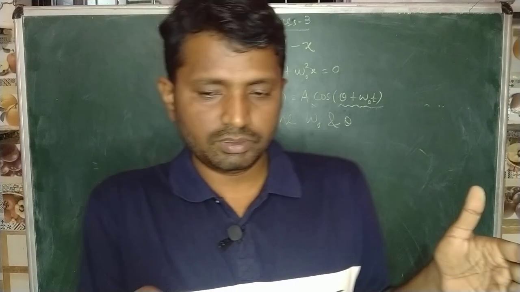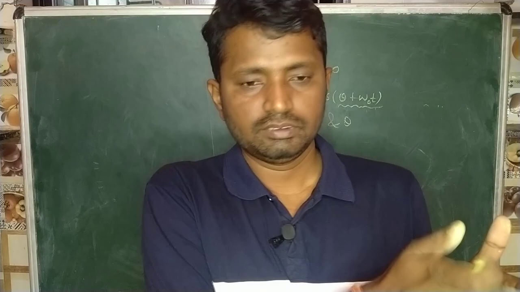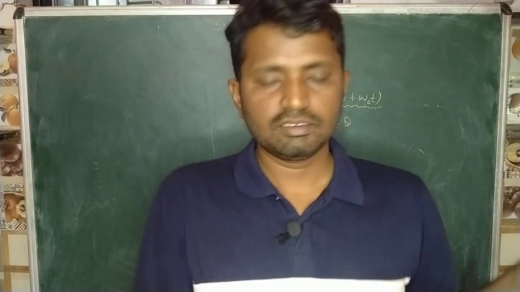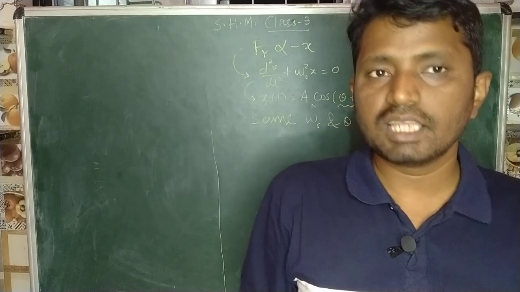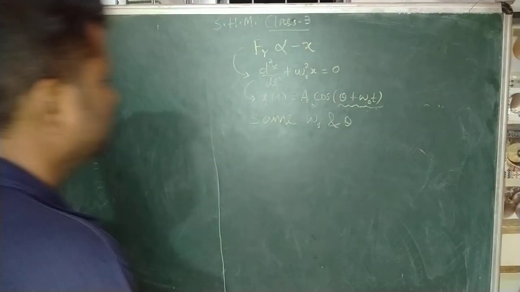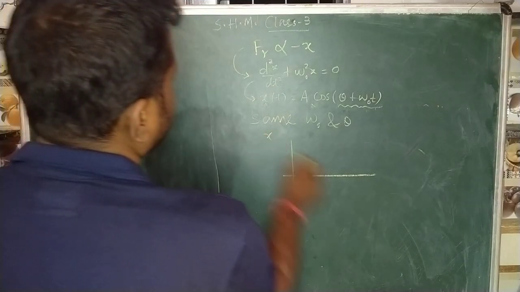One oscillator oscillates within this region, plus A to minus A, and the other covers some more distance, like this. Amplitudes are different, but they can take the same time to complete one oscillation. Let's see how. Look at here, this is our x versus t graph.